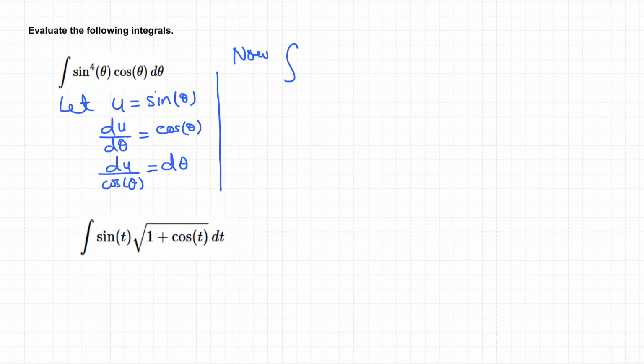We said sine theta is u, so u to the fourth. We don't know about cosine theta for now. For d theta, we found du over cosine theta. Now you can see the cosine theta on the top and bottom cancel.